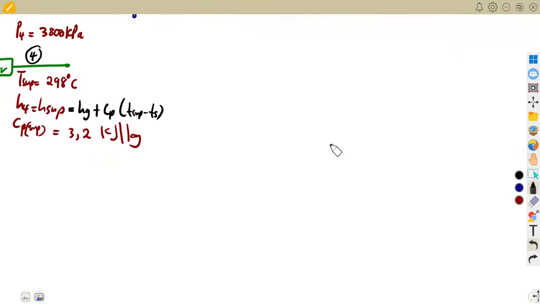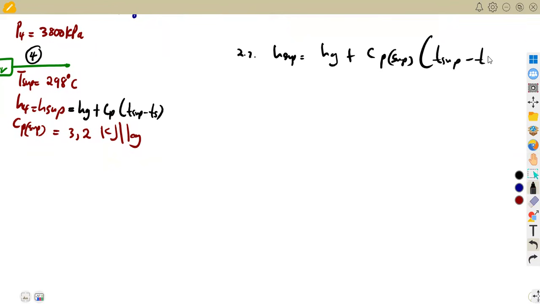That's why we have to use the formula that we wrote before. We said H sup is going to be Hg plus Cp for the superheated steam times T sup minus Ts, the saturation temperature. At the pressure that we are given, we're going to find these two. Remember, at the pressure of what? 3,800 kilopascal.